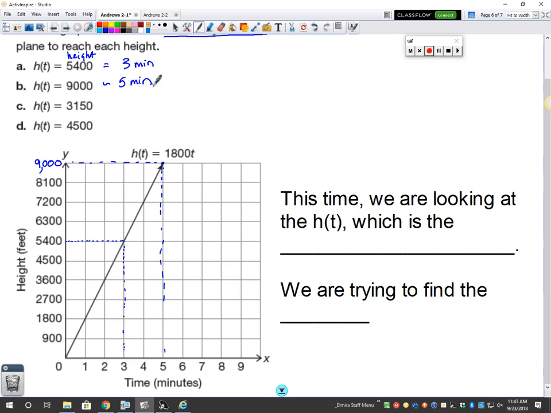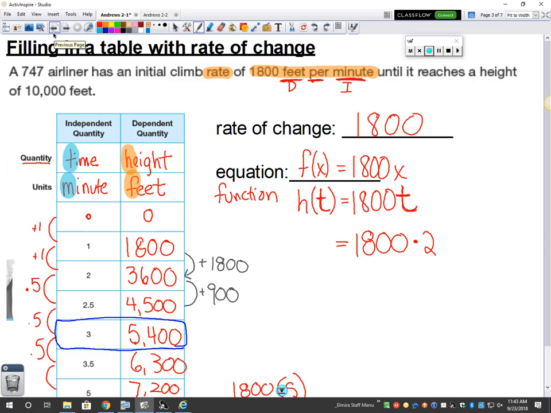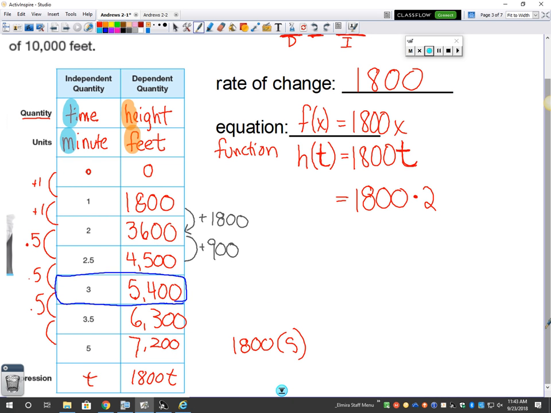If we go back to our chart, we don't have 9,000 on there, do we? Nope, we stopped. Y'all, I caught a mistake.